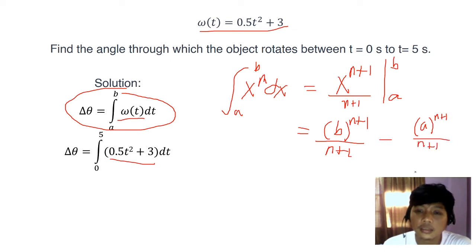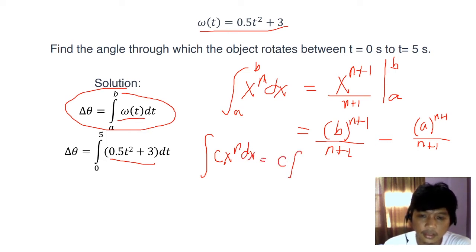Alright, there's another rule. What if there's a constant being multiplied? If there's a constant inside the integral, you can take it out of the integral, and you can do this again. How about if you are getting the integral of a constant, like 3?